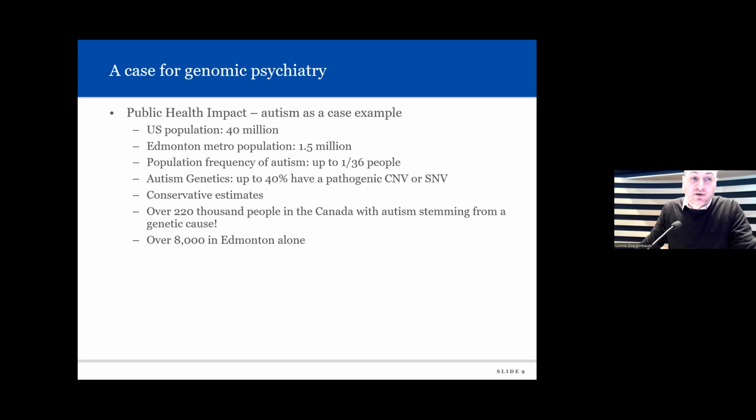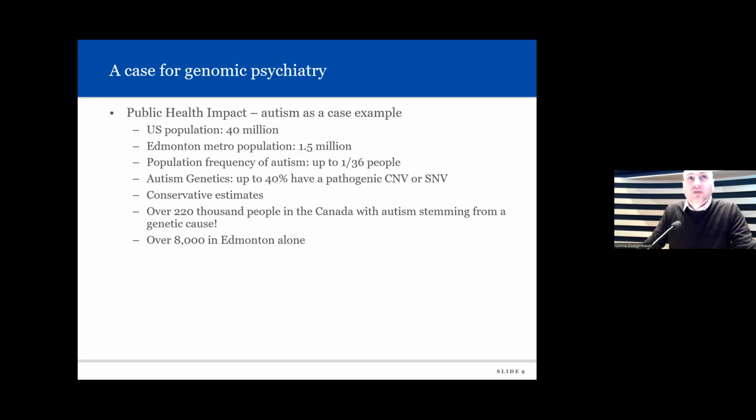And we just were hearing that genetics can explain up to 40% of cases of autism, where we can expect to identify a rare genetic change. So by conservative estimates, this means that there's over 220,000 people in Canada with autism stemming from a genetic cause, and over 8,000 of them in the Edmonton metro area alone.